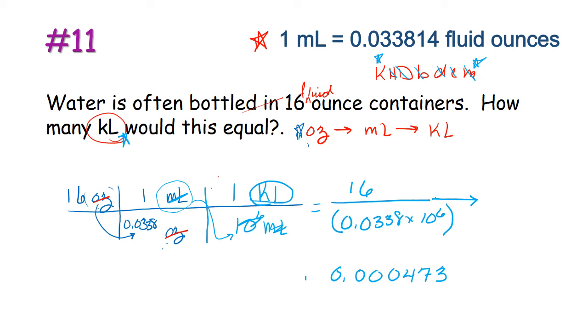You can write it with all these leading zeros in it because leading zeros never count: 0.00047 kiloliters. Or you could have written it in scientific notation as 4.7 times 10 to the -4th kiloliters. And we are done with this problem.